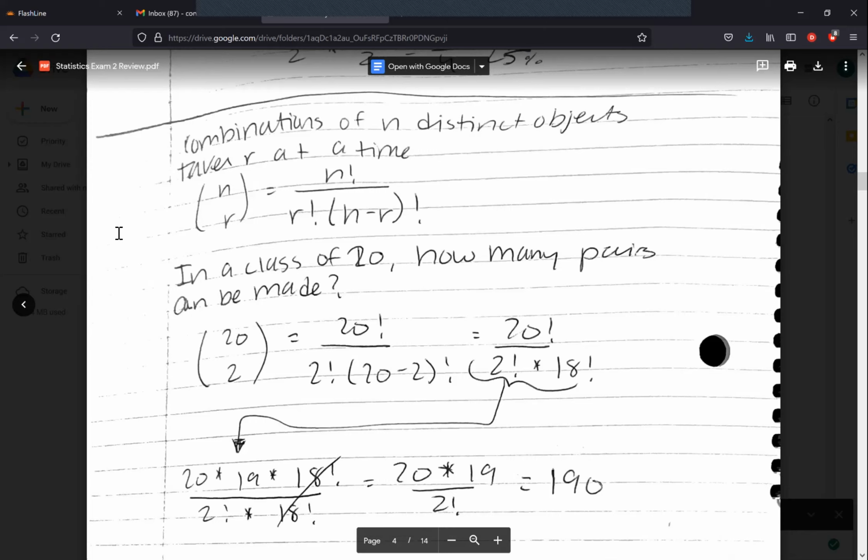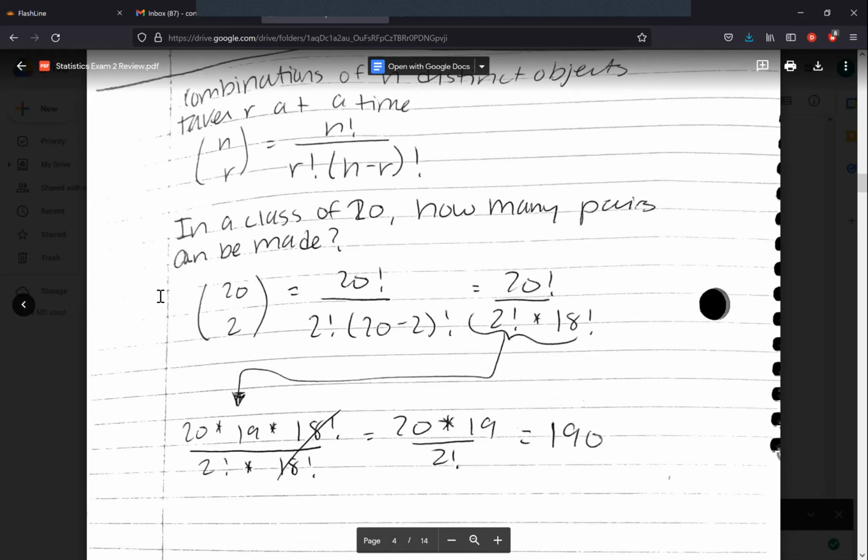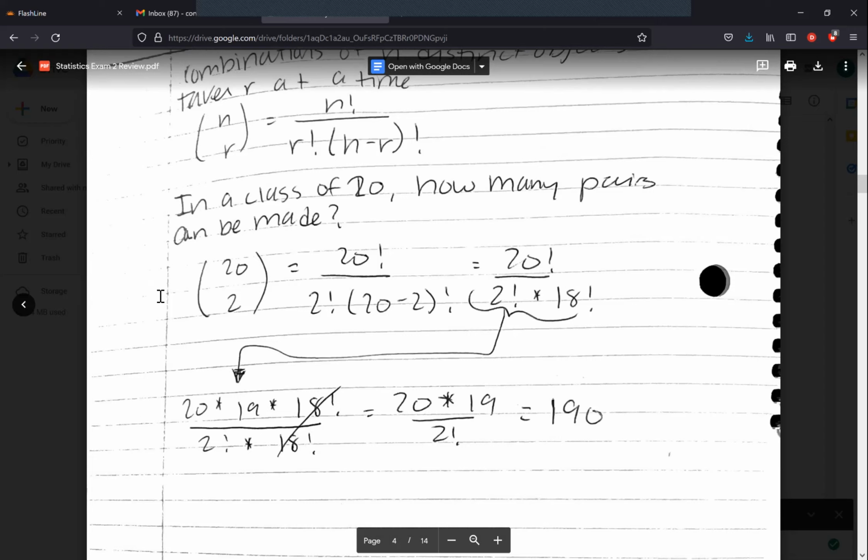Next, we briefly touched on combinations of n distinct objects taken r at a time, otherwise known as n choose r, and I've had this formula here. To give you an example, if we have a class of 20, how many pairs of students can be made? This is 20 choose 2, so you have 20 factorial over 2 factorial times 20 minus 2 factorial.